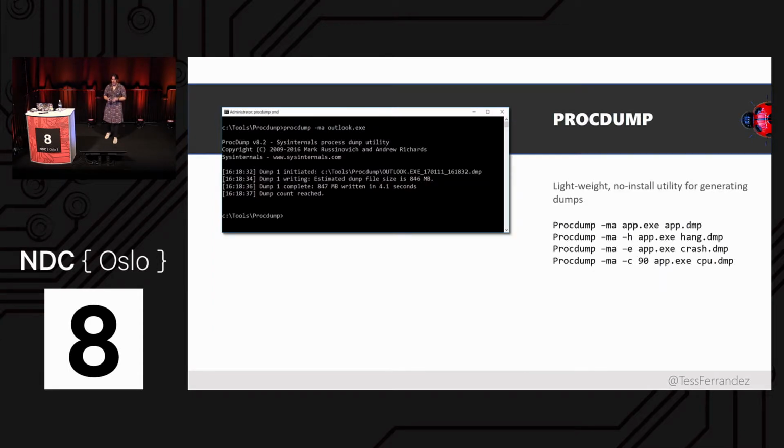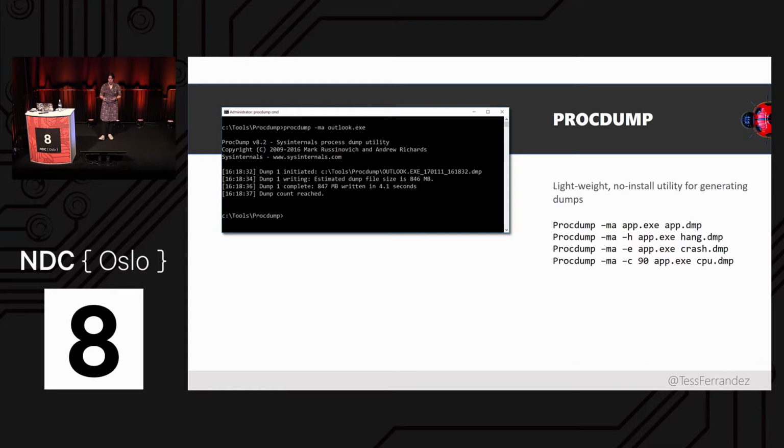If you want to get a memory dump of a certain situation, like for example a crash, you have to go a little bit more specialized, and you can download something like procdump. Procdump is a tool that comes with sysinternals, and the cool thing about it is that you can download it on one machine, and then you can copy it over to another machine and just use it. So you don't have to install it on a different machine, which is often an issue, for example, on a server or whatever.